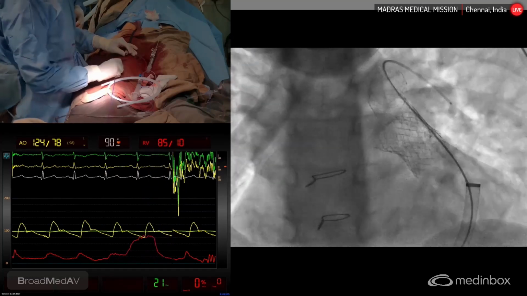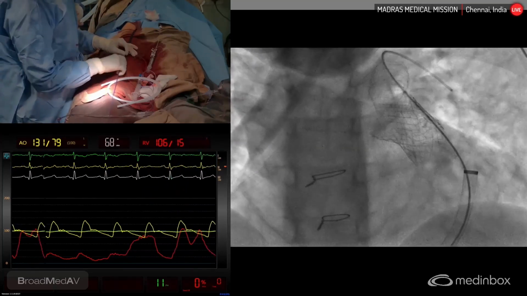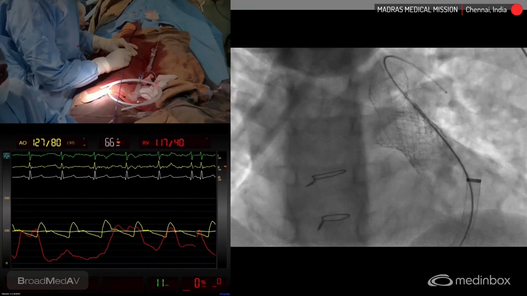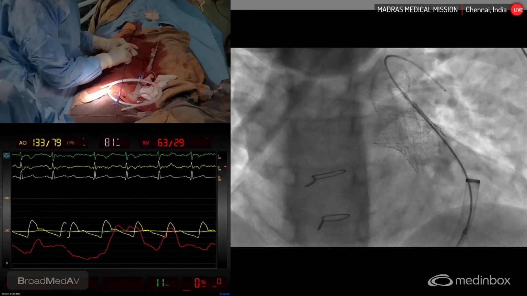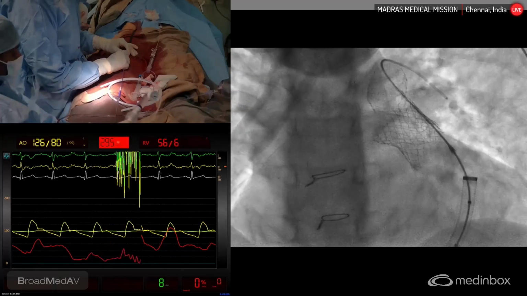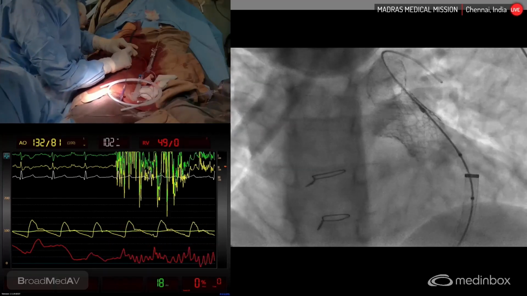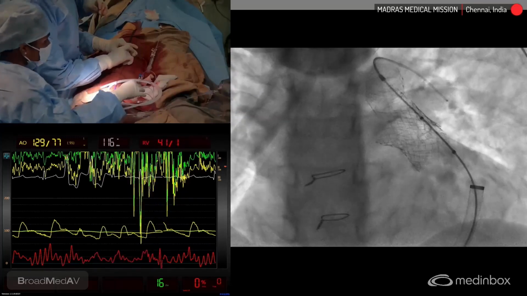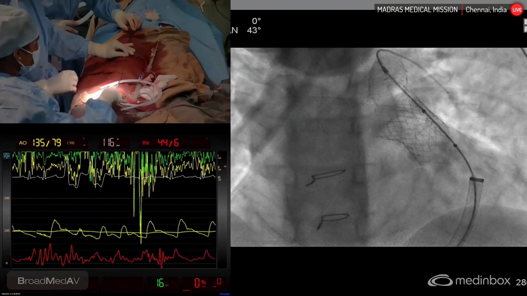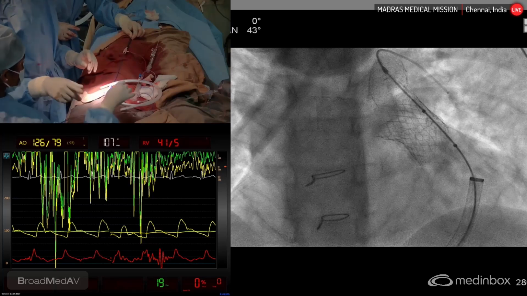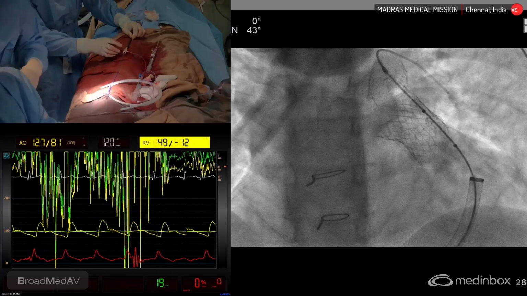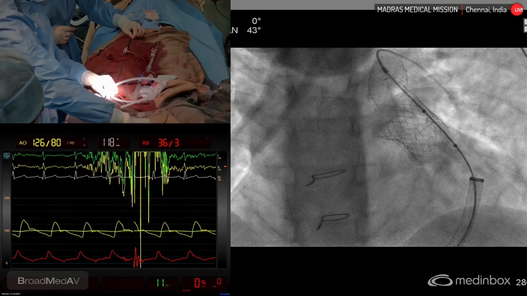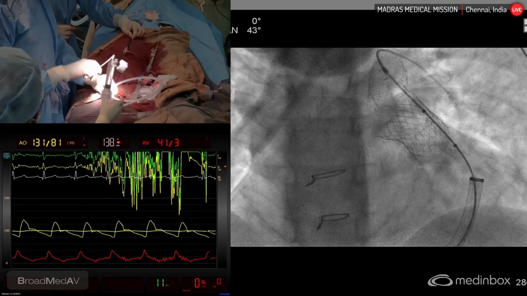So now I'm trying to advance this to just the proximal part. We are targeting primarily only this proximal part. I need a full inflation. Yep.